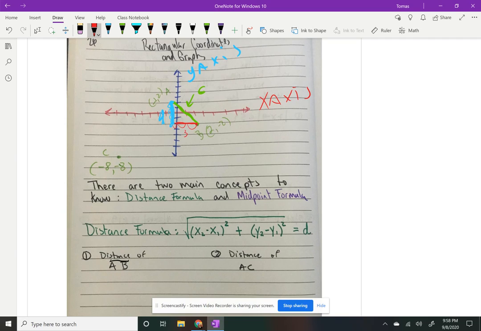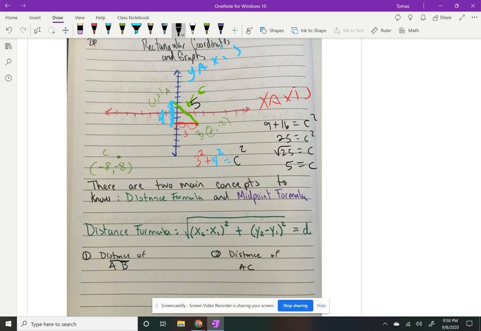So the Pythagorean theorem tells us that 3 squared plus 4 squared equals c squared. So 9 plus 16 equals c squared, 25 equals c squared. We take the square root of both sides, so c equals 5. So the distance between A and B is 5.